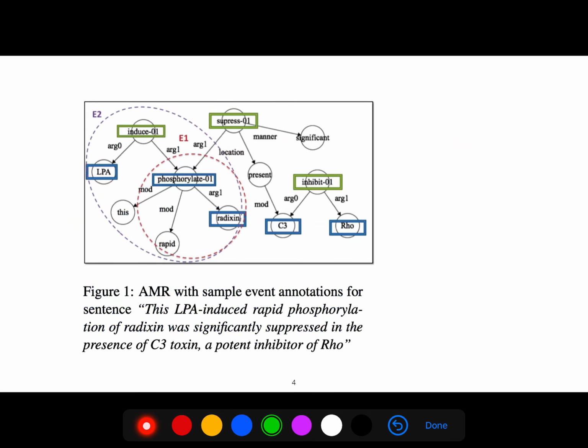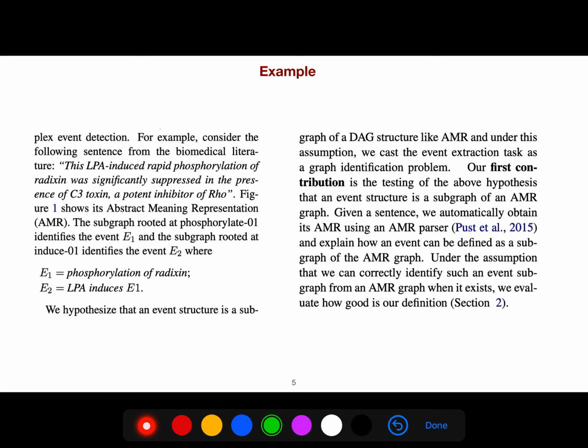This is an AMR with simple event annotation. You see that you can consider this as a subgraph. So the subgraph rooted, for example, at phosphorylate-01 identifies the event E1, and the subgraph rooted at induce-01 identifies an event E2.